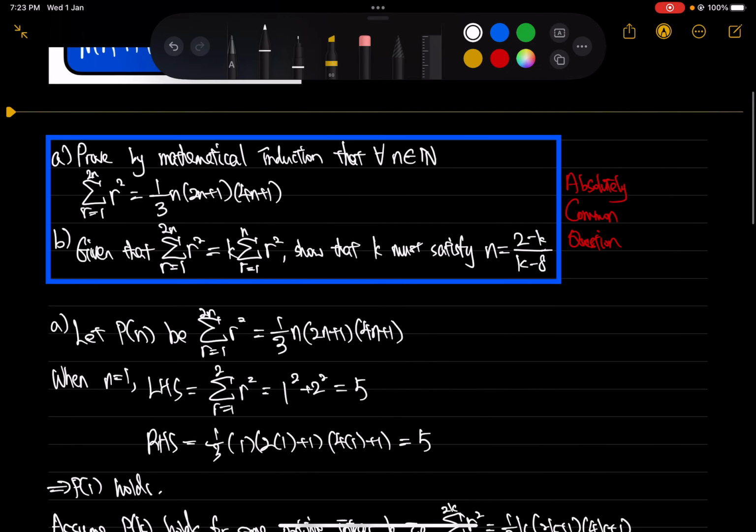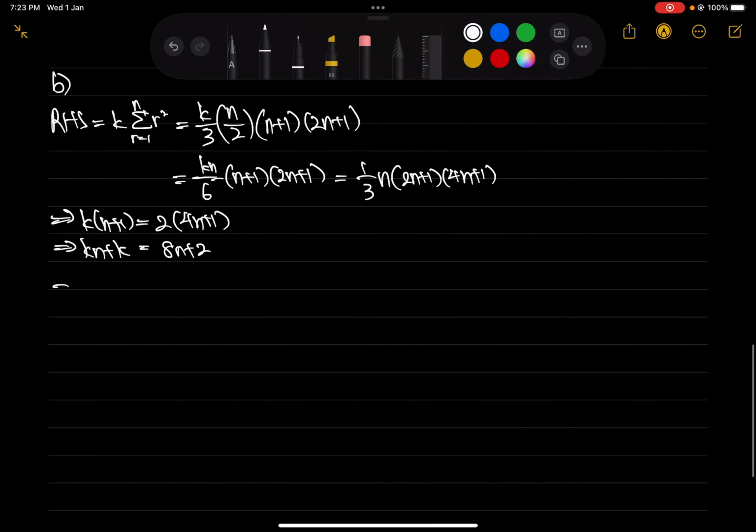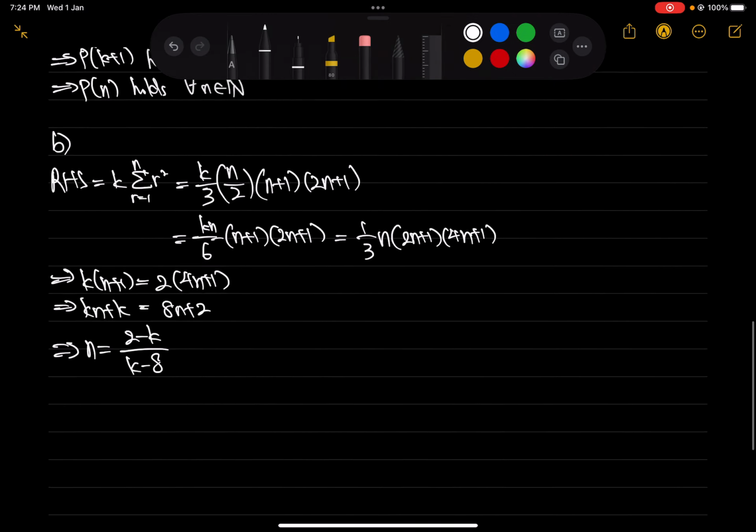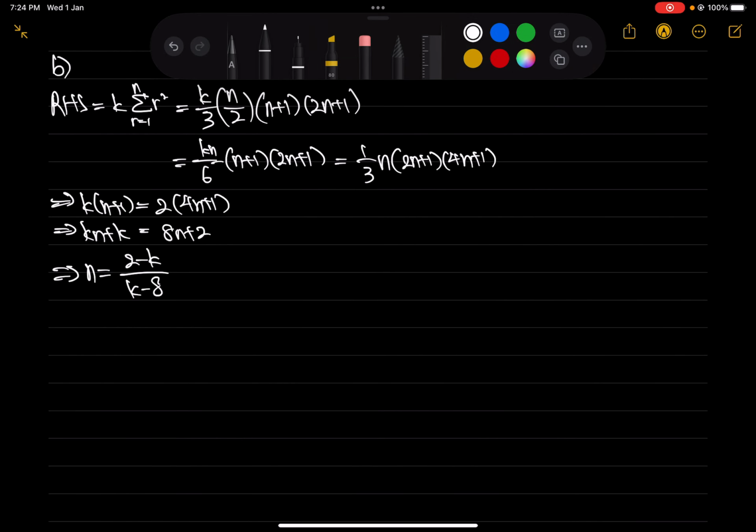We need to make n the subject, so we have n equals 2 minus k over k minus 8, and that's the exact result we want, and this is the end of this really common MI question.